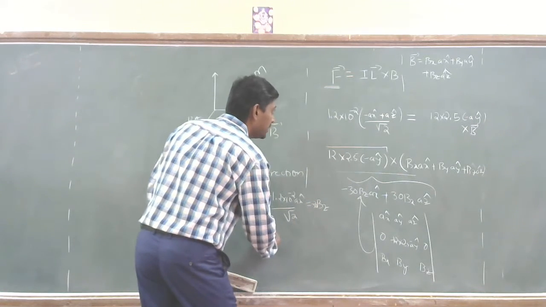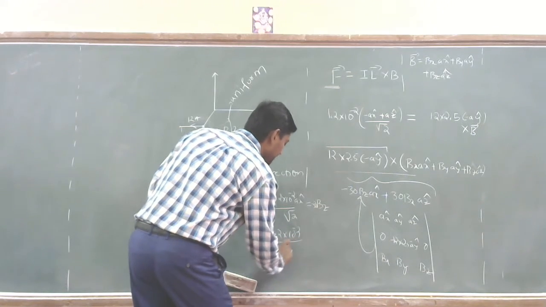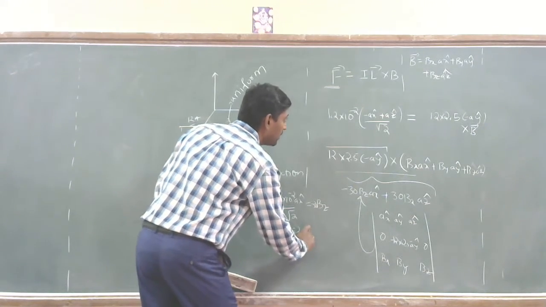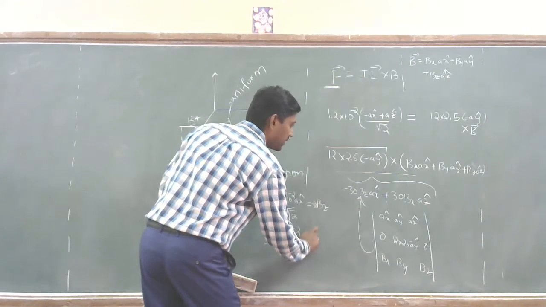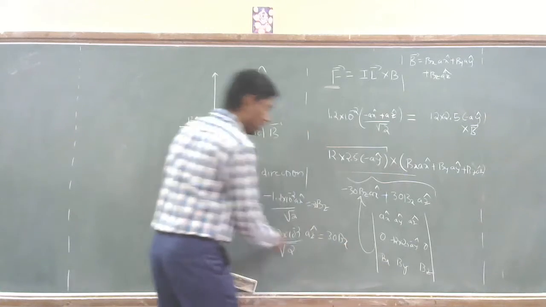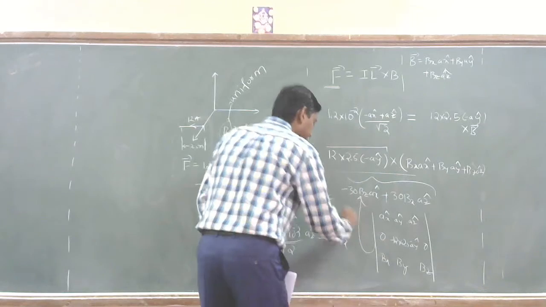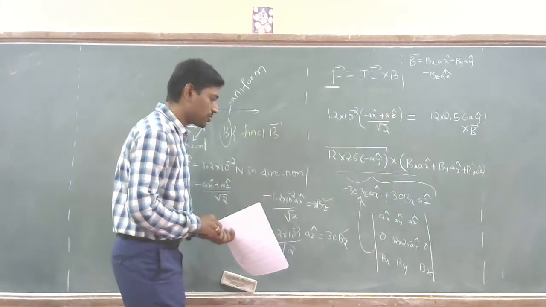And similarly, 1.2 into 10 raised to minus 2 divided by root 2, az hat, is equal to 30 Bx. So with this, you will get Bz and Bx. We just need to solve it.